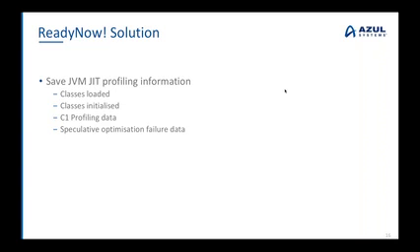The first is a list of all the classes that are loaded by the JVM at that point in time. The second is a list of all the classes that are initialized. Now, probably if you run the application for a reasonable amount of time, those 2 lists are going to be the same. But to make life simpler for us, we record them as separate lists because there may potentially be some differences. Then we record all the profiling data that has been gathered whilst the code has been running, having been compiled with the C1 JIT compiler.